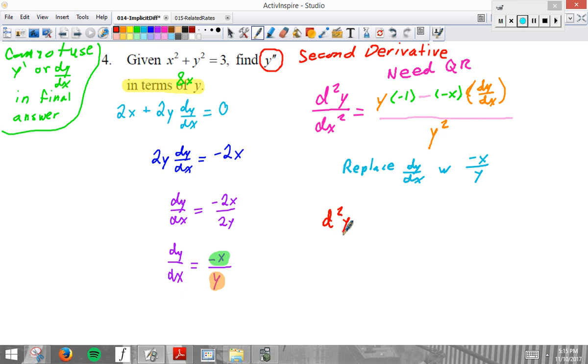So the second derivative of y with respect to x is negative y plus x times negative x over y, all over y squared. Okay? And that's going to be good enough for now.